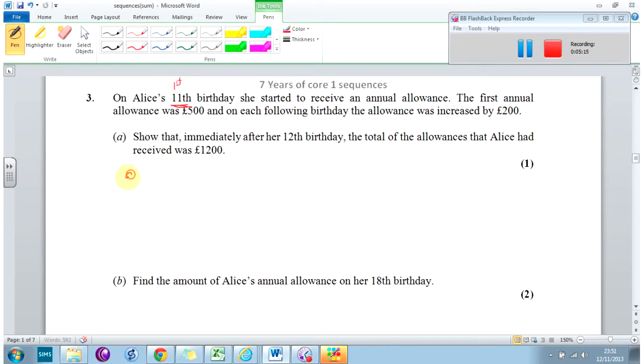So we know that the first term is 500, and the common difference d is 200. Show that immediately after her 12th birthday the total of the allowances Alice has received was 1200. Well, the first birthday was 500, the second birthday was 700 because that's the next term in the sequence, and that makes 1200, and of course it's pounds. Only one mark, don't expect to have to do much for it.